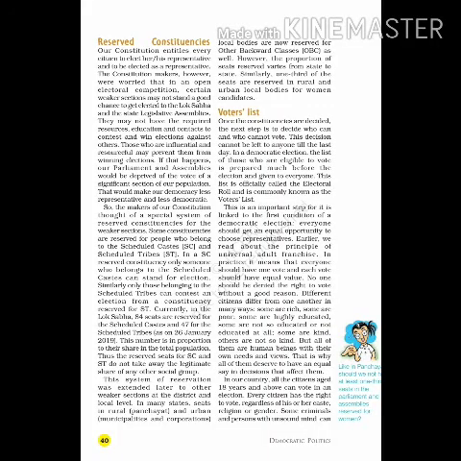Reserved constituencies. Some constituencies are reserved for people who belong to the Scheduled Castes and Scheduled Tribes. In Lok Sabha, 84 seats are reserved for SC and 47 for ST. In SC reserved constituencies, only someone who belongs to the Scheduled Caste can stand for election.